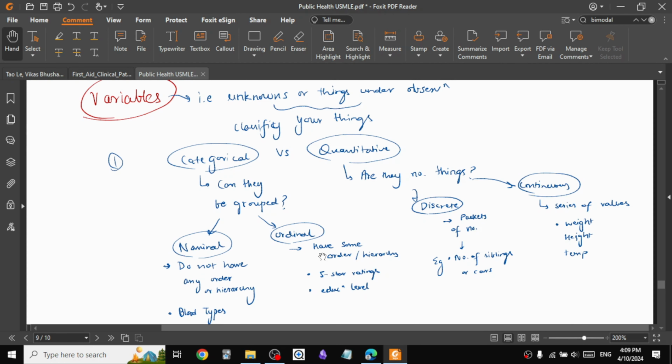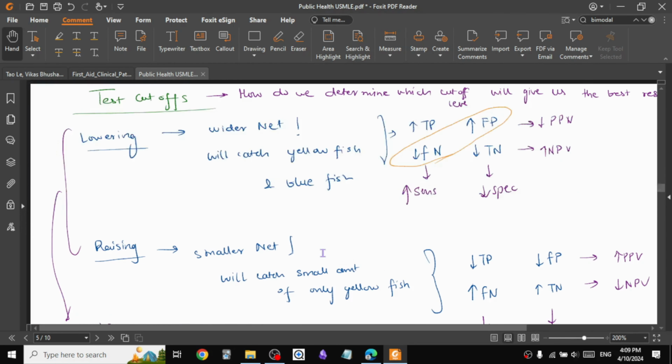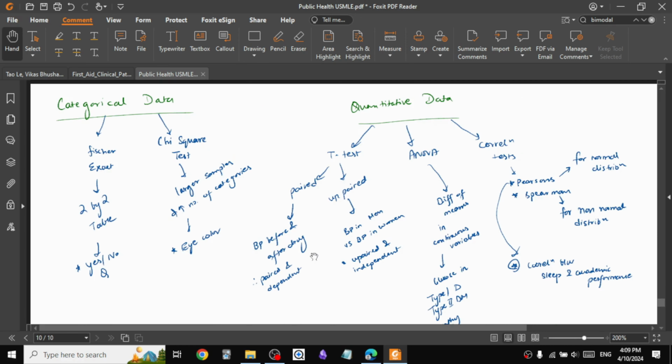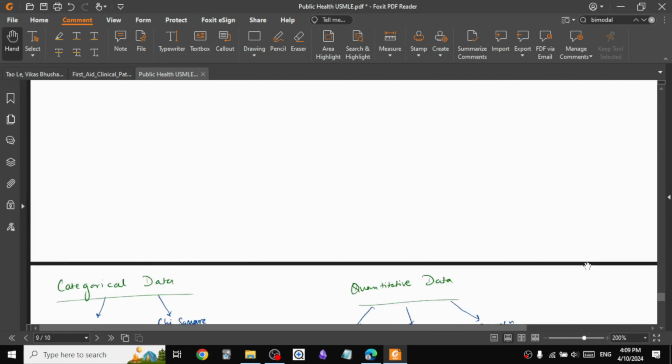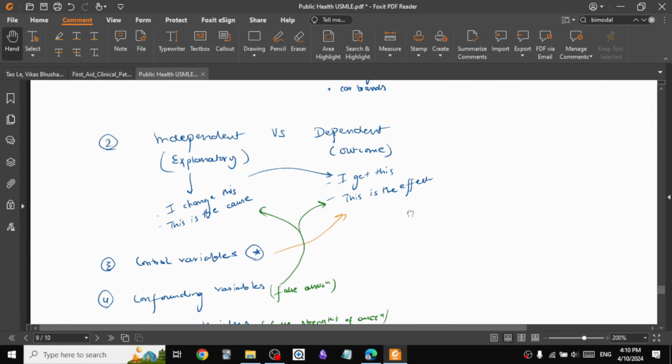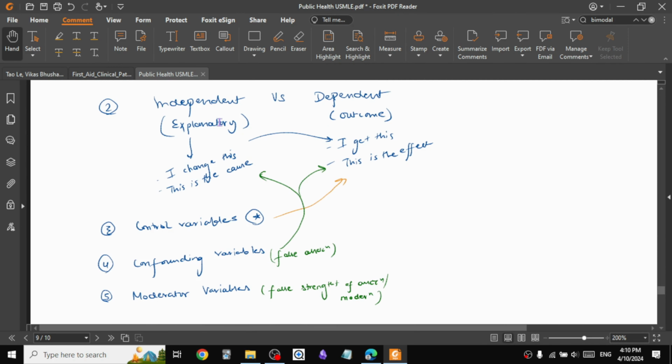Now we understand what categorical and quantitative are. The other one I tried explaining before is independent and dependent. Independent is the explanatory variable, dependent is the outcome variable. I change this, this is the cause, and I get this, the effect.